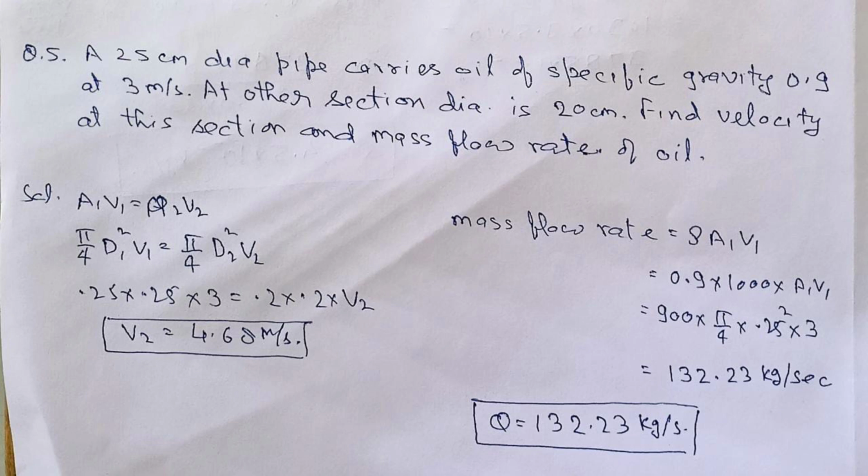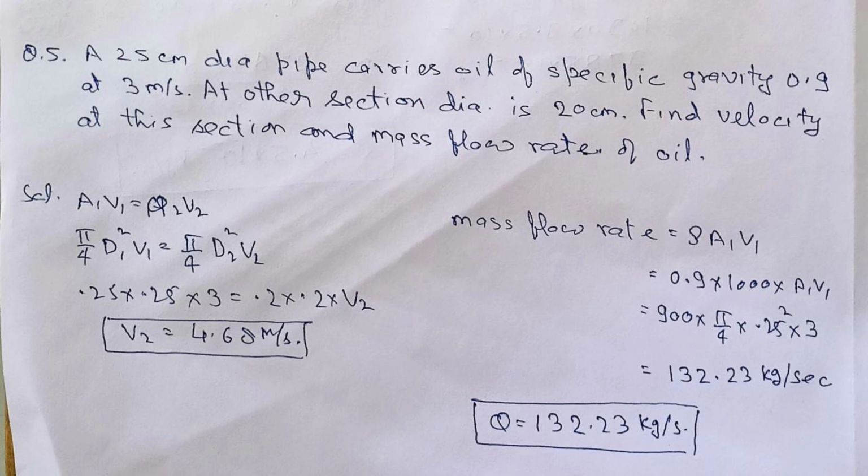Now you have also to calculate the mass flow rate, that is discharge Q. So you know mass flow rate Q equal to rho 1 A1 V1 or rho A V1. Rho is the density of the fluid. In this question specific gravity is given as 0.9. So density will be specific gravity multiplied by density of ideal liquid, that is water, which is 1000.